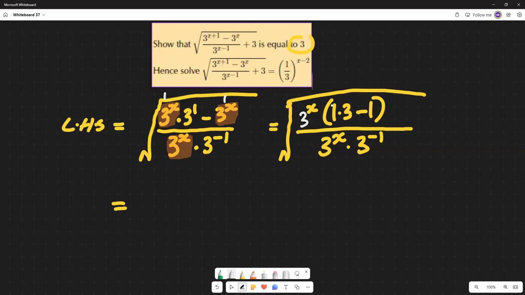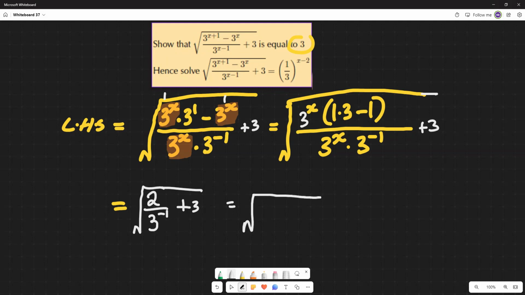So now we have what here? We're going to have 3 minus 1, so that it gives us 2. Oh, ladies and gents, I forgot the plus 3 then. So there's plus 3 here. Sorry about that. So here we're going to have 2 over 3 minus 1 inside the square root, and then we have plus 3. And then we can see that our LCD is this one. Actually, let's not do LCD here.